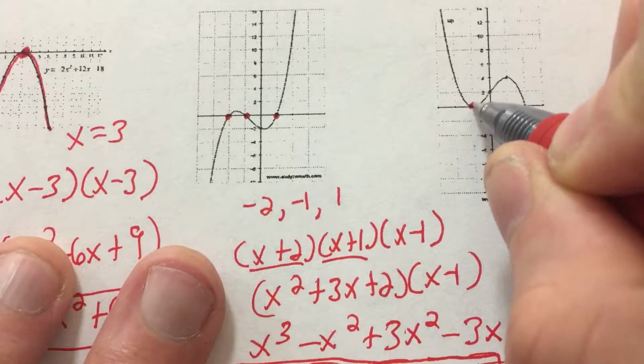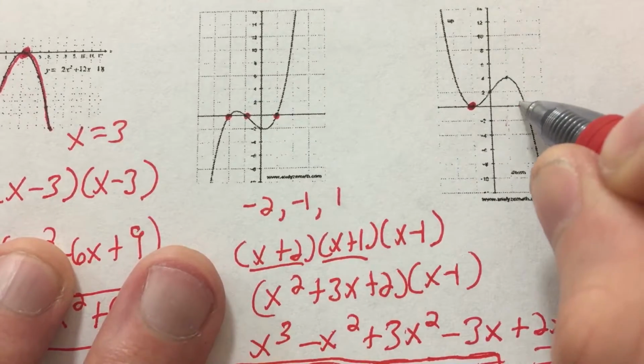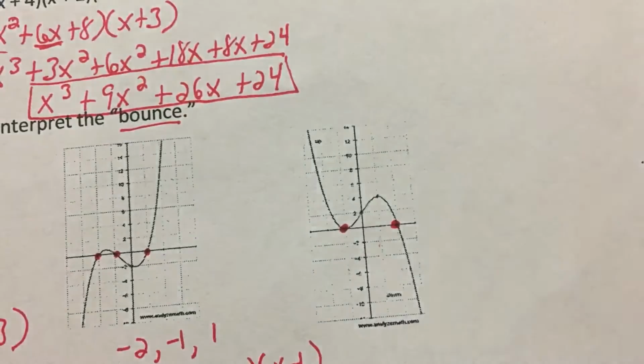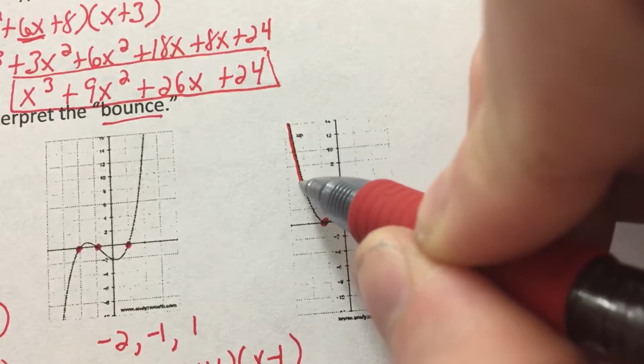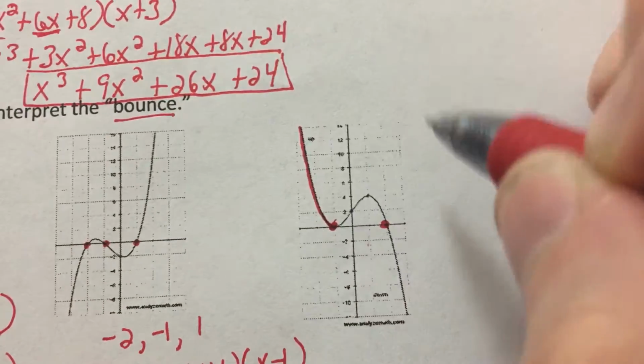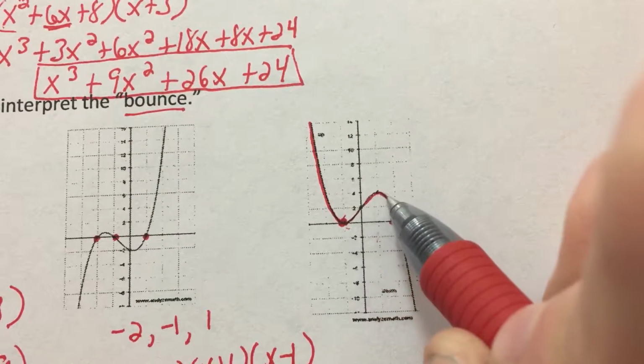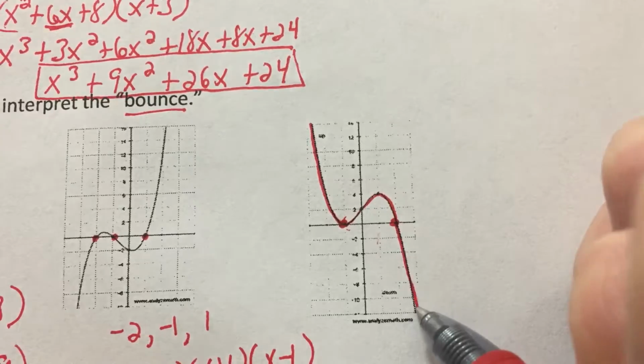Notice that on this one, it only has 2 x-intercepts, but it really looks like a cubic function, right? Looks like that snake shape. Why only 2 x-intercepts? Because this first one over here on the left, it doesn't cut through it, it bounces, right? There's that bounce again. It bounces as if a basketball off the ground. This one it cuts through and goes on down.